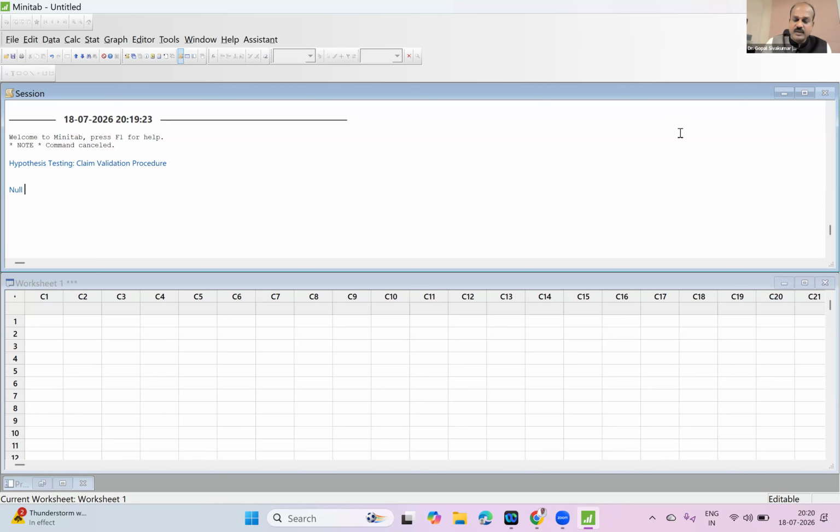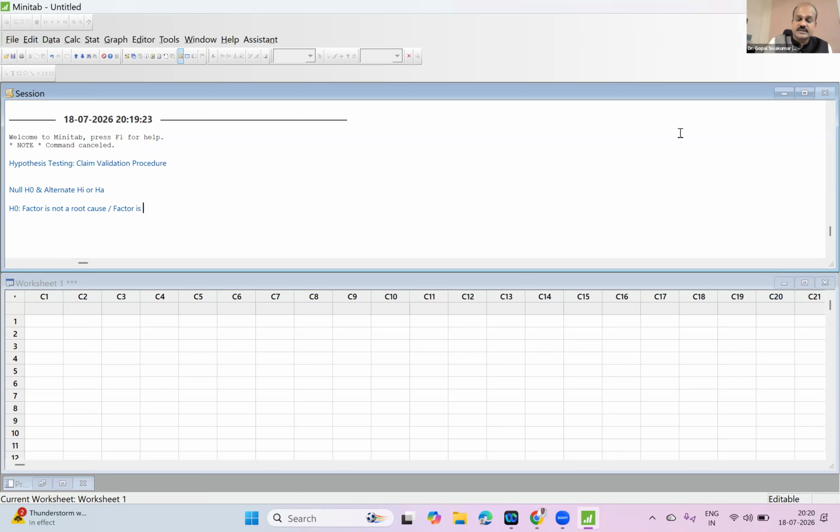One is null. What is the other one? Alternate. Very good. Null and the other one is alternate, H1 or HA, right? And the null is always saying that the factor is not a root cause. Am I correct? When I say the suspected factor is not a root cause, then this is null.